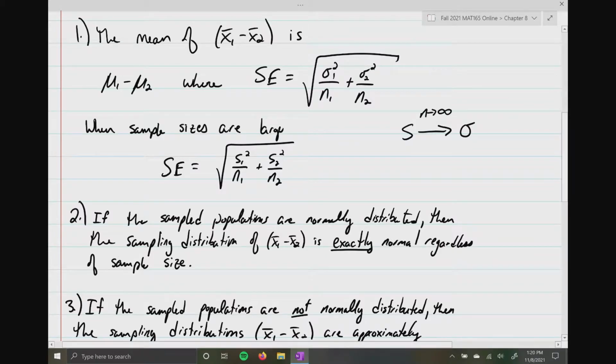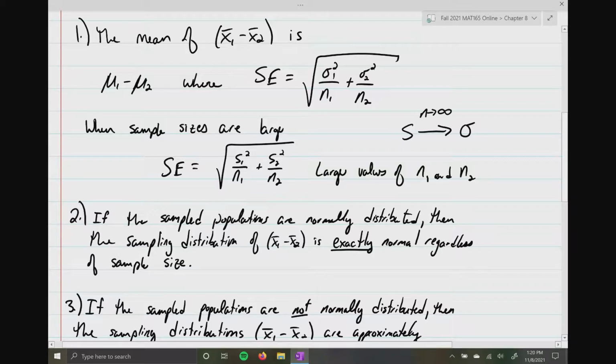So we can say that the standard error is also equal to the square root of the first sample variance over its sample size, plus the second sample variance over the second sample size. Now remember, this is for large values of n, or I need to be more specific, n1 and n2. Which leads us basically into the next two properties.